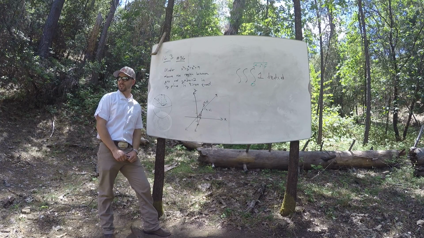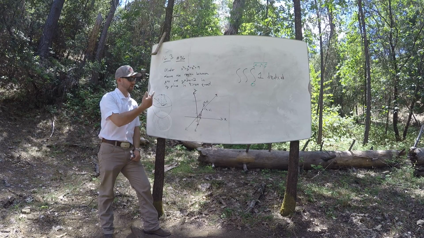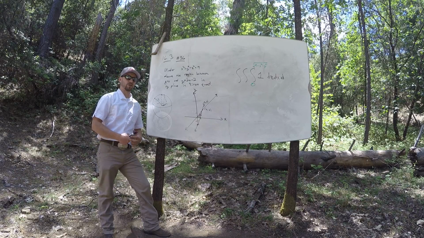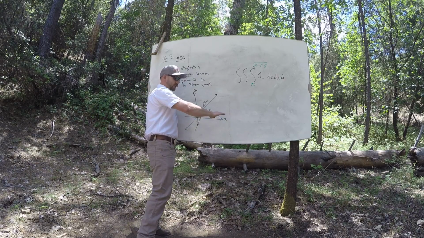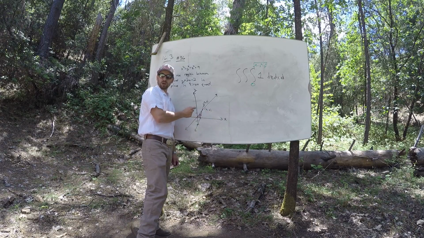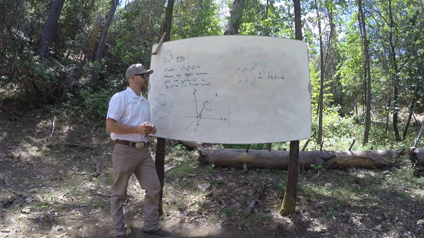You want to know where the x's start and where they end. Horizontal slices mean I want to fix y. So we want to make horizontal slices in y, right? Fixing a y means we're going to integrate dx.